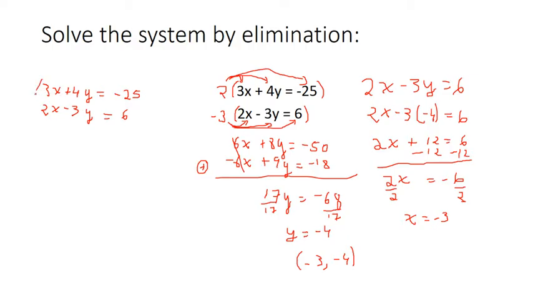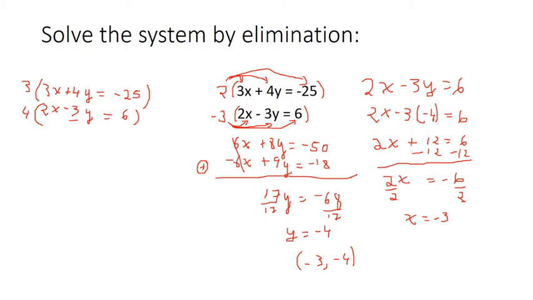So if I want to eliminate the variable y, I'm going to multiply the first equation by 3. I got the 3 from here. And the second equation by 4. I got the 4 from here. Notice that one is positive, one is negative. So I don't have to multiply by negative.